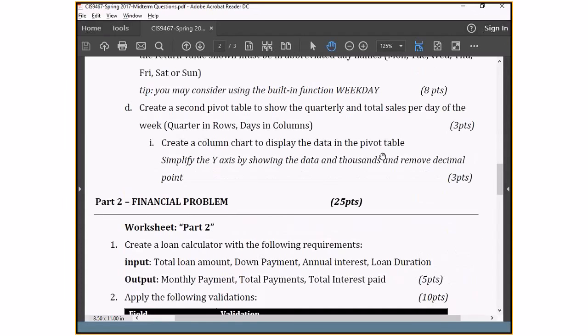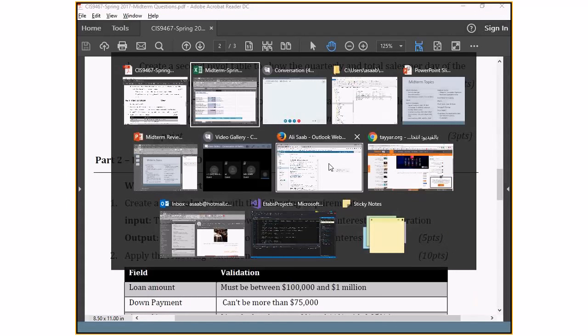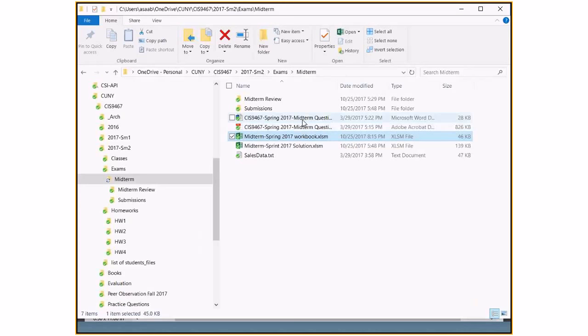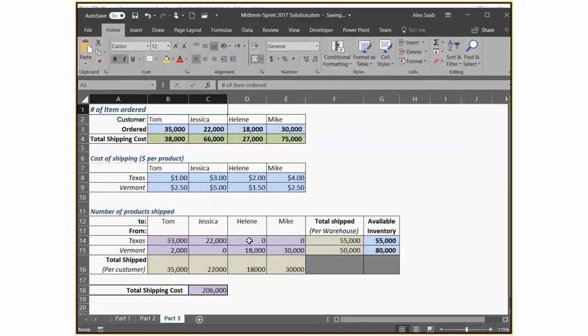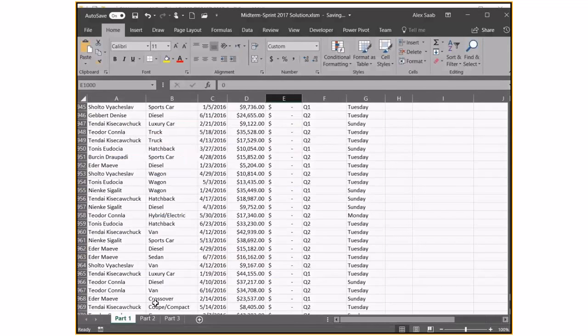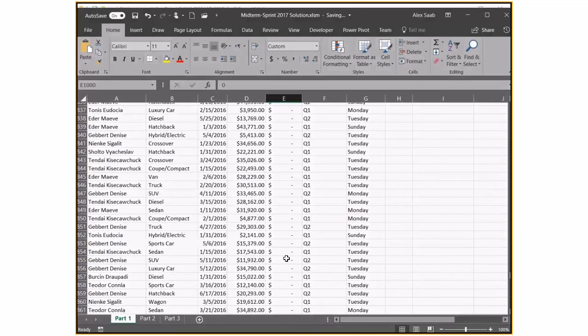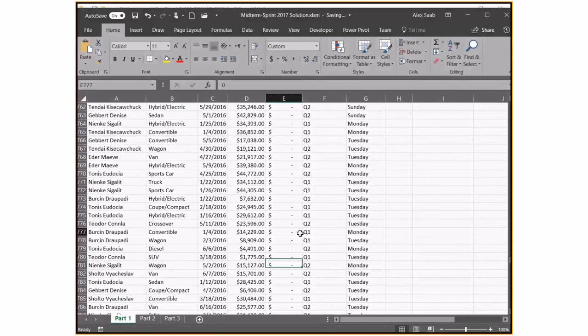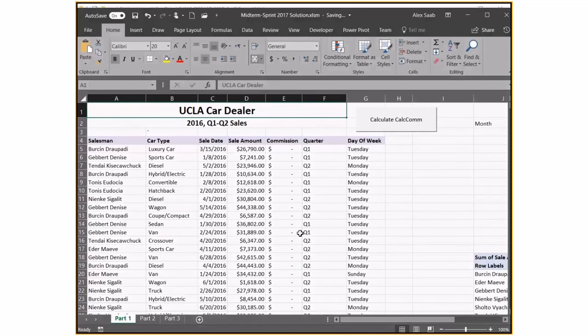What else? Let me open a solution. Let's show you the quarters, for example, the quarters from the first one. Some people did a VLOOKUP like this one.